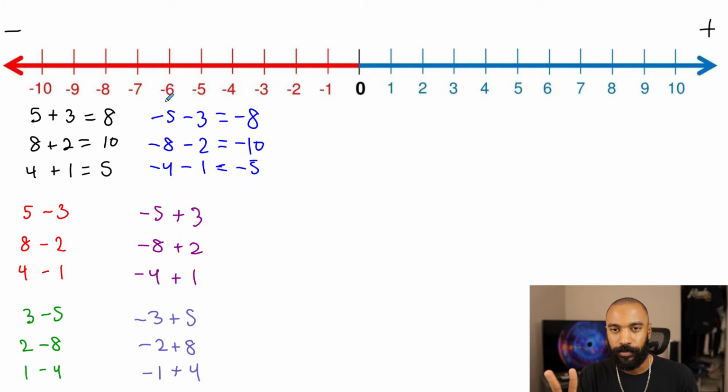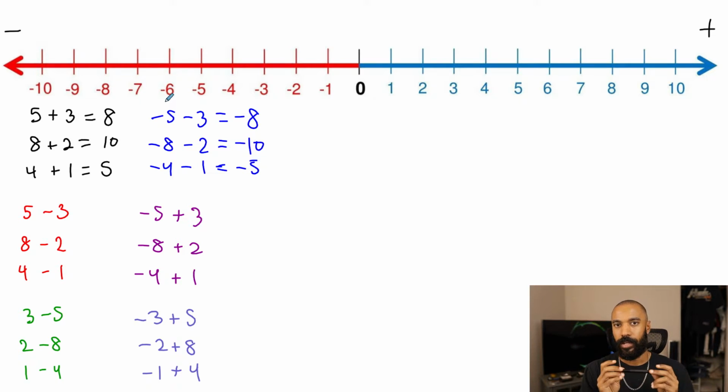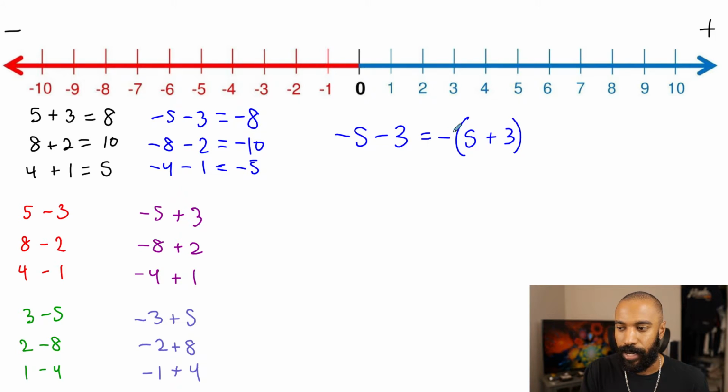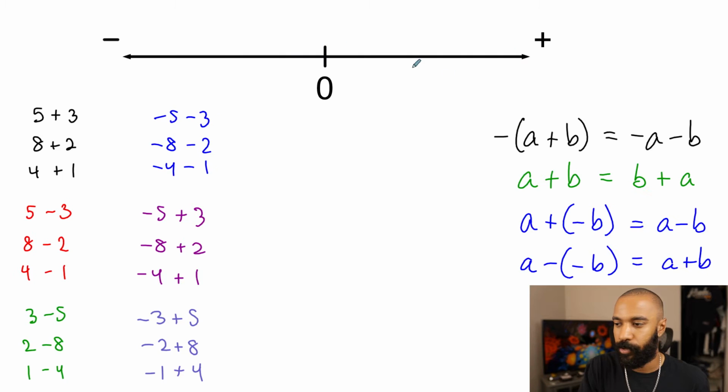Number two, this is like addition. Negative 5 minus 3 is like 5 plus 3, only the result is negative. So again, negative 5 minus 3, and this goes back to that thing I said I was going to write, is like 5 plus 3, only the result is negative. So you saw this thing before, distribution, on the previous slide here.